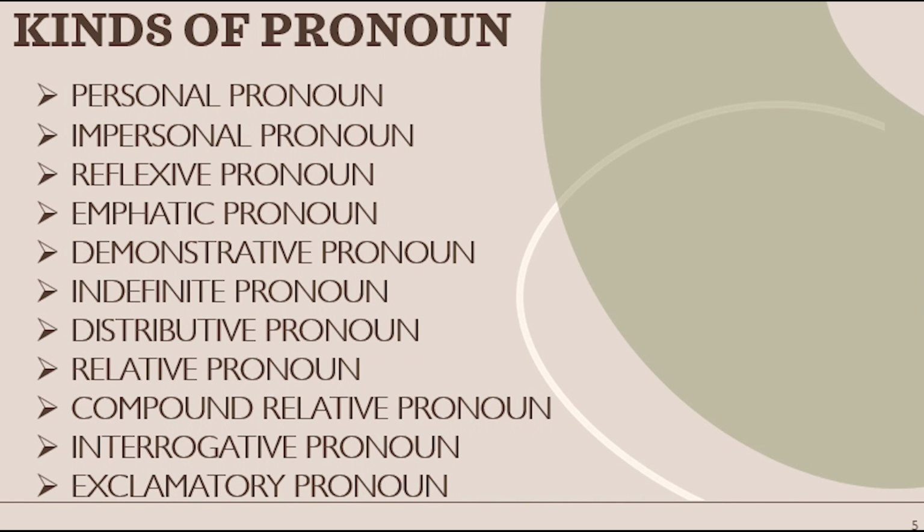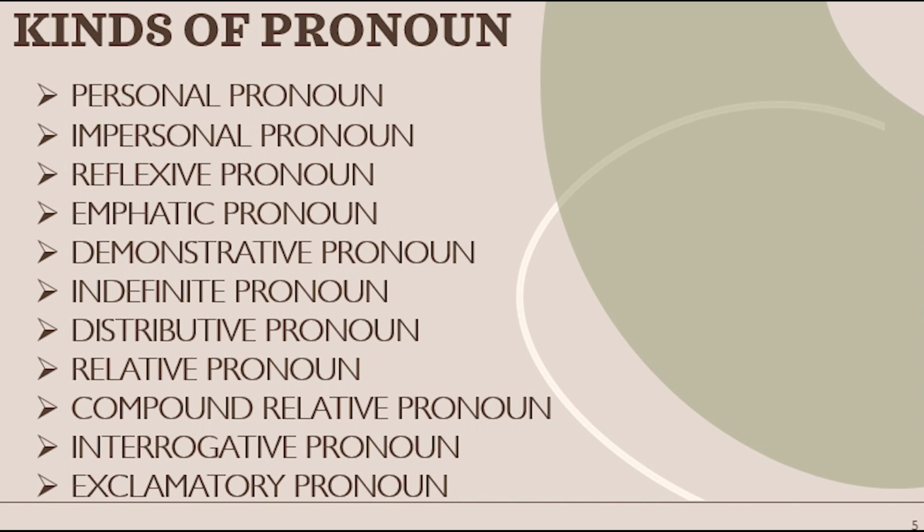So they have a direct relation with the noun, and WH words like who, which, that are mostly used as relative pronouns. Like, I have found the book which I had lost earlier. So in this sentence, which is a relative pronoun. They are also known as conjunctive pronouns because they serve a dual function. They join the sentences and they have a direct relation with the noun. So they are known as relative pronouns.